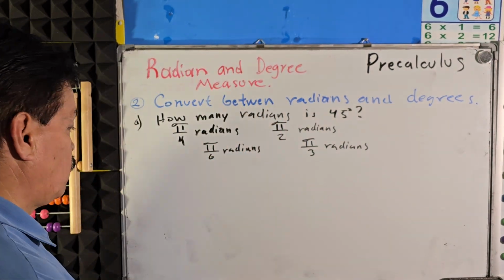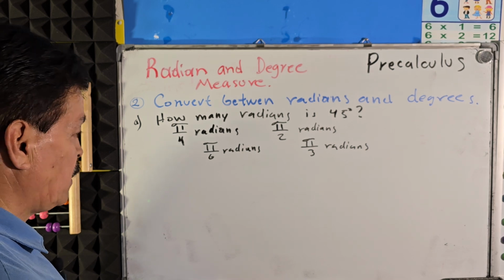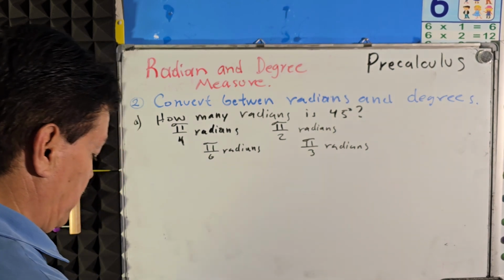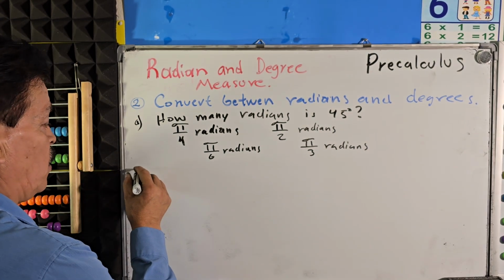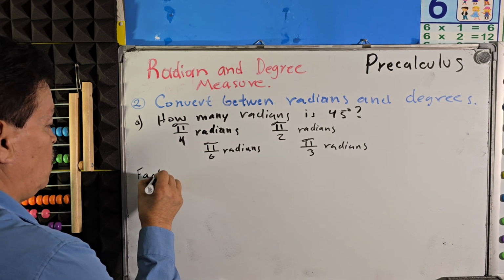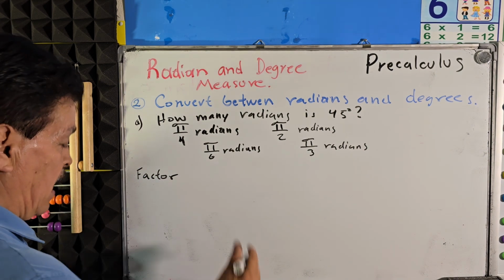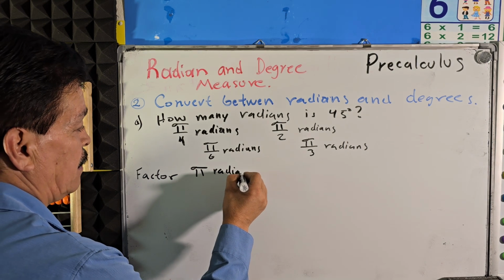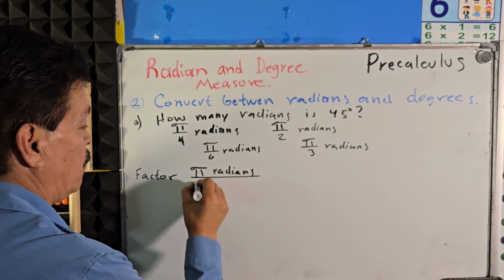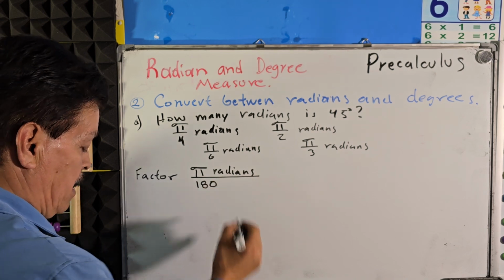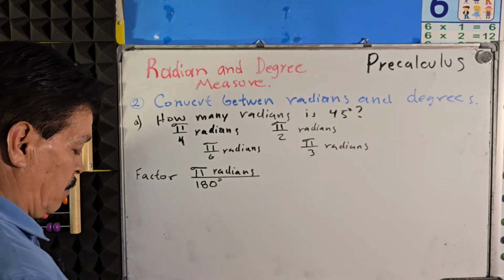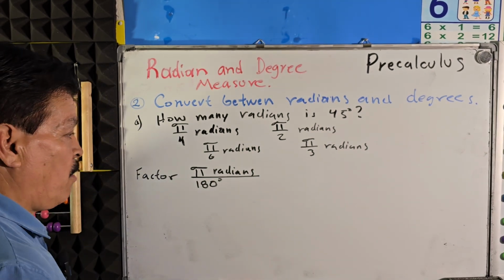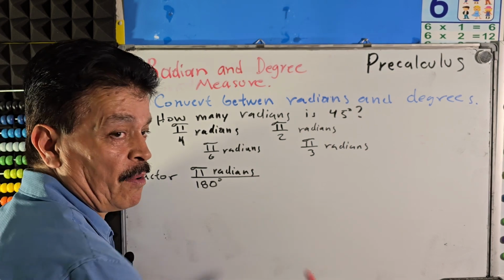So we have to multiply. Our first step here, we will have the factor, pi radians divided by 180 degrees. Okay, so our problem here is very simple.